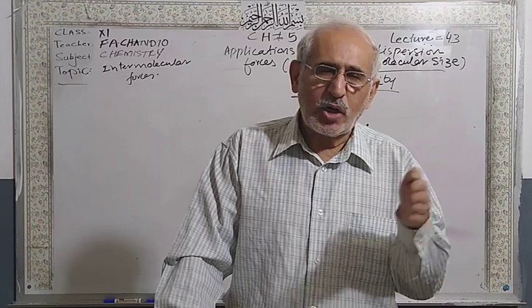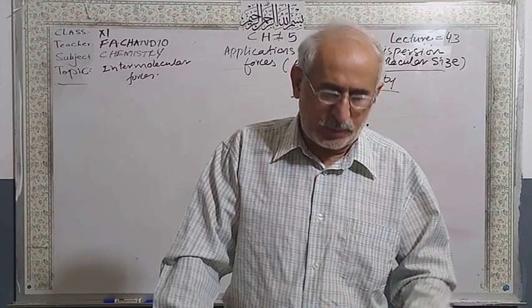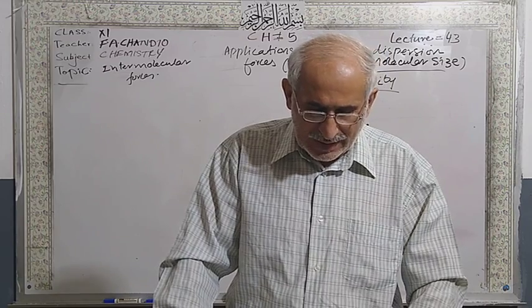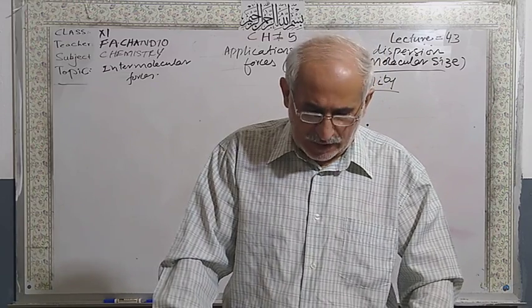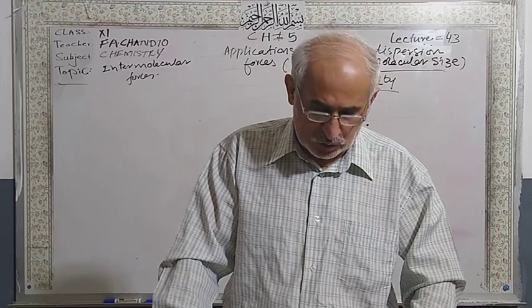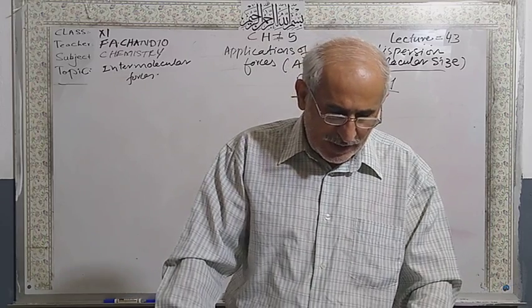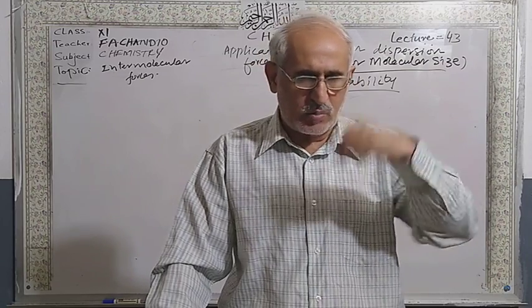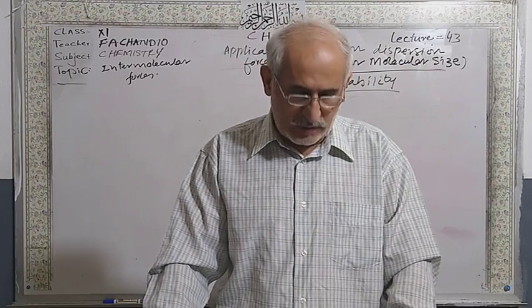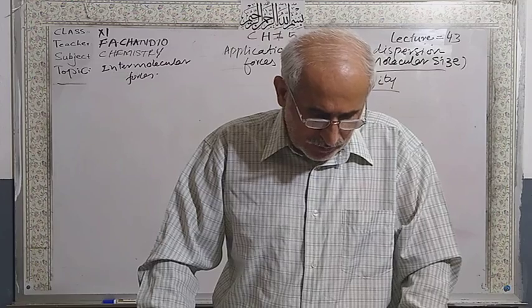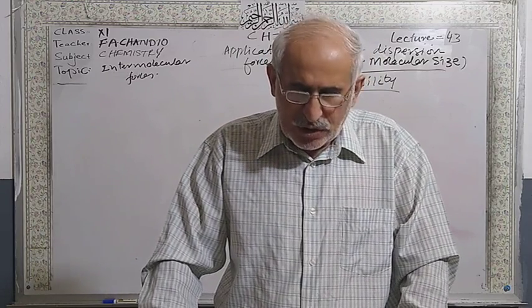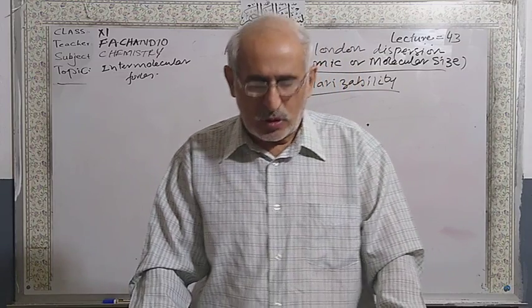If we are talking about large atoms, as I told you previously in atomic or molecular size, large atoms have more electrons and a larger electron cloud than small atoms, because the number of shells is more.